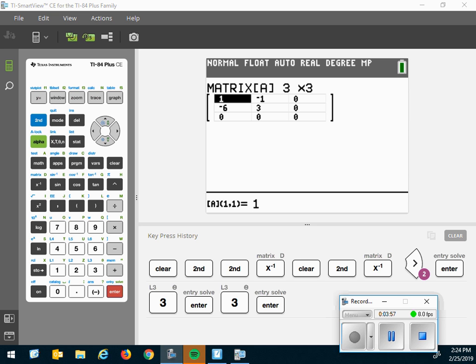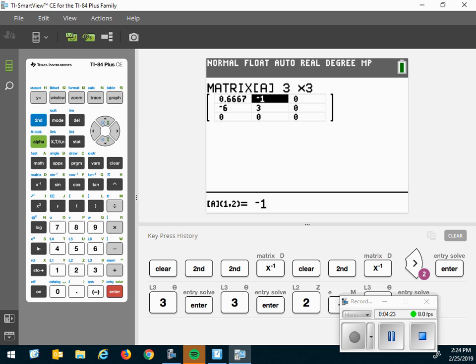Now listen, on the fraction part, how do you put the fraction in? You can't. You do not do the second y or the alpha y equals first. It won't work. Or you can just put in 2, the divide, and 3.